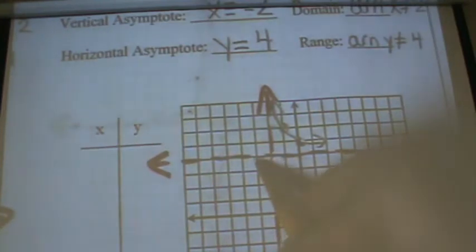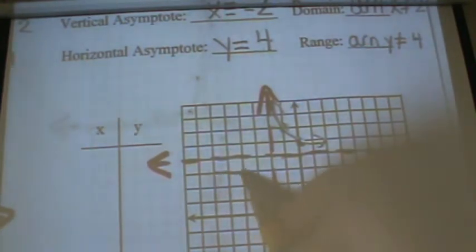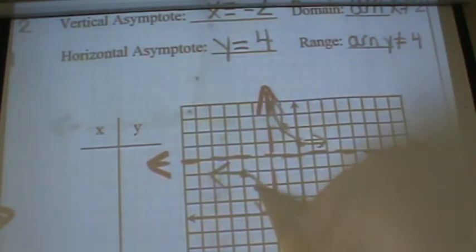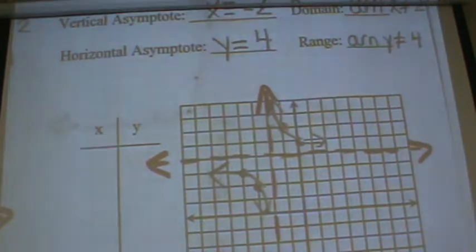And then over 1, down 2. So we're just sketching a graph. This is the reciprocal function. Anyone lost? Okay, try the next one on your own.